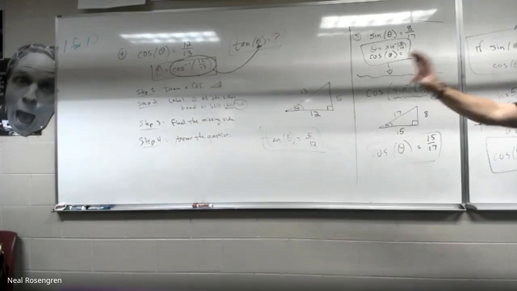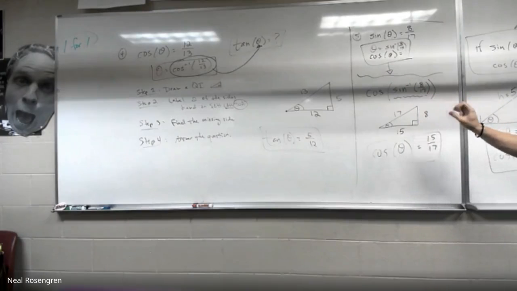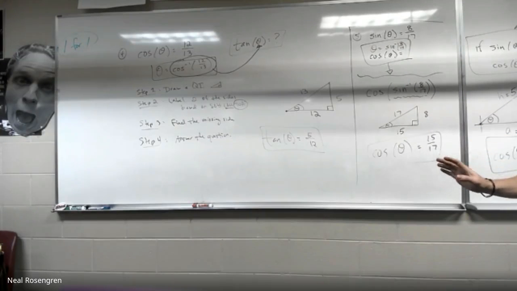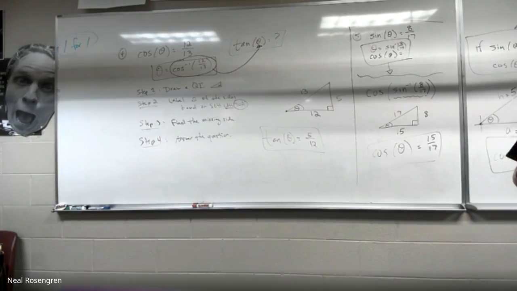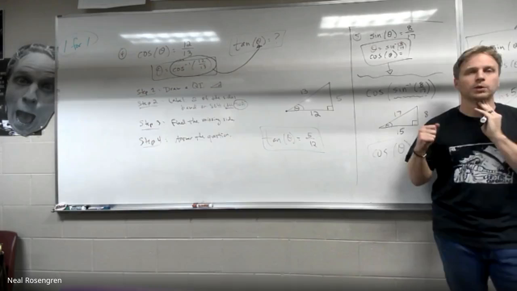Okay, so number 4 and number 5 are two different triangles, two different problems, but they're presented in a way that we follow the same process.